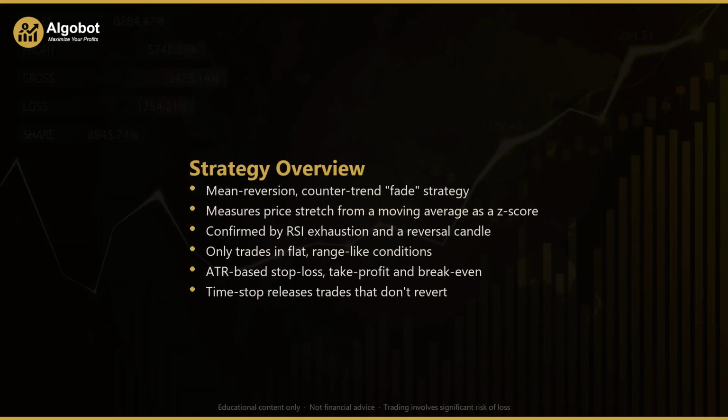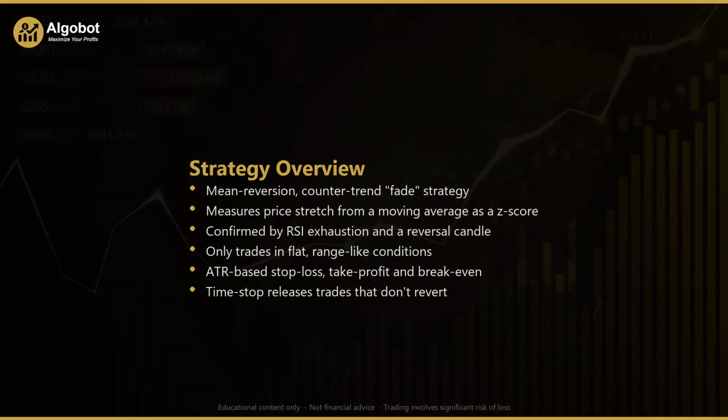So what exactly does this expert advisor do? At its heart, Z-score mean reversion is a mean reversion strategy. That means it doesn't try to chase a trend. Instead, it waits for price to become stretched unusually far from what it treats as fair value, and then it looks to fade that move, positioning for a return back toward the average. The fair value here is a simple moving average, by default over 20 bars.